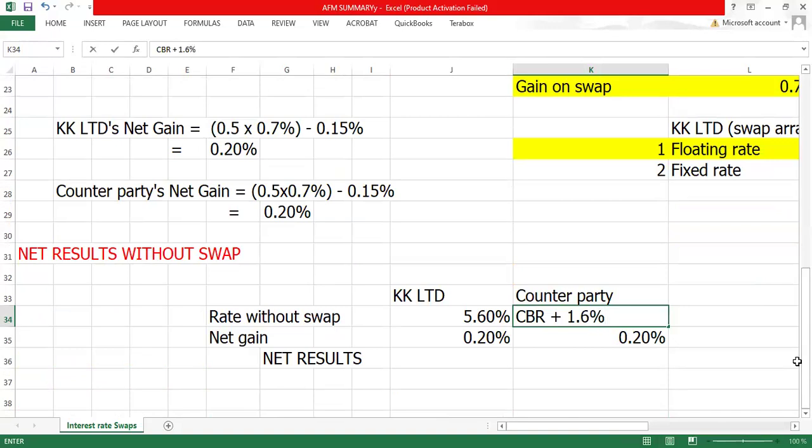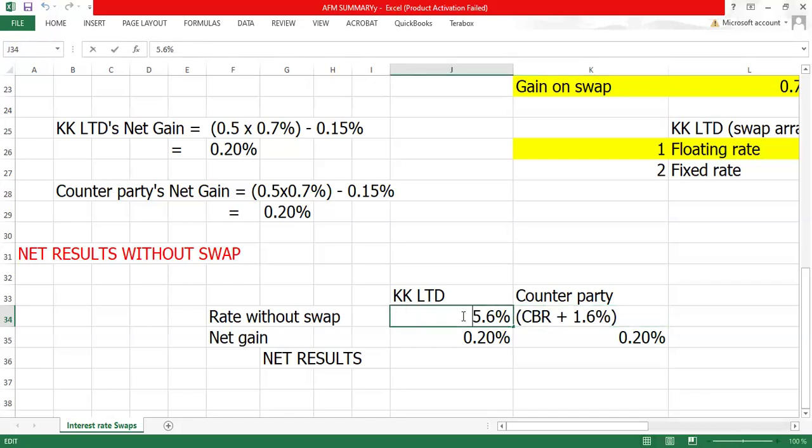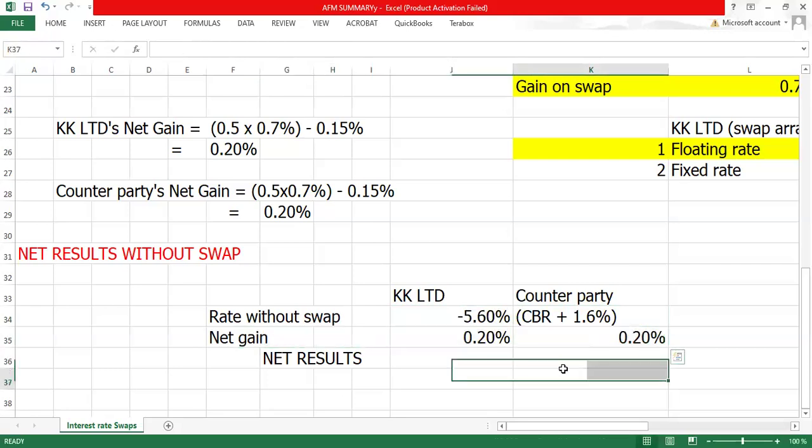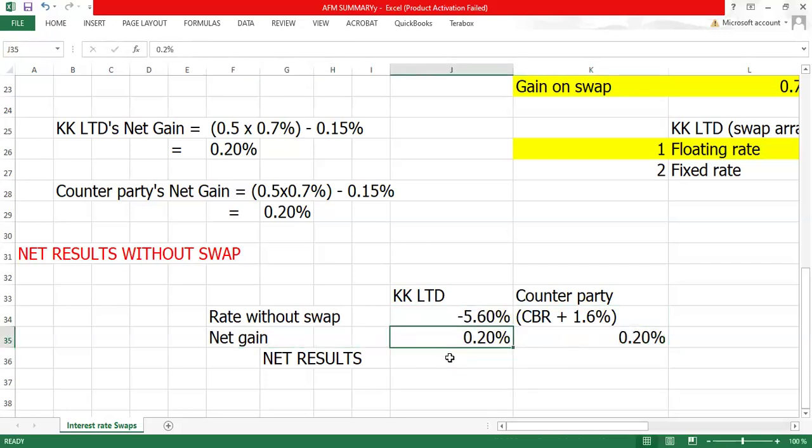Remember, these are costs, so you put them in brackets. These are costs you're going to pay. But this is a gain you're going to get, so this one is positive. So what is the net result? It's negative. This plus this. This is positive. What do you get?